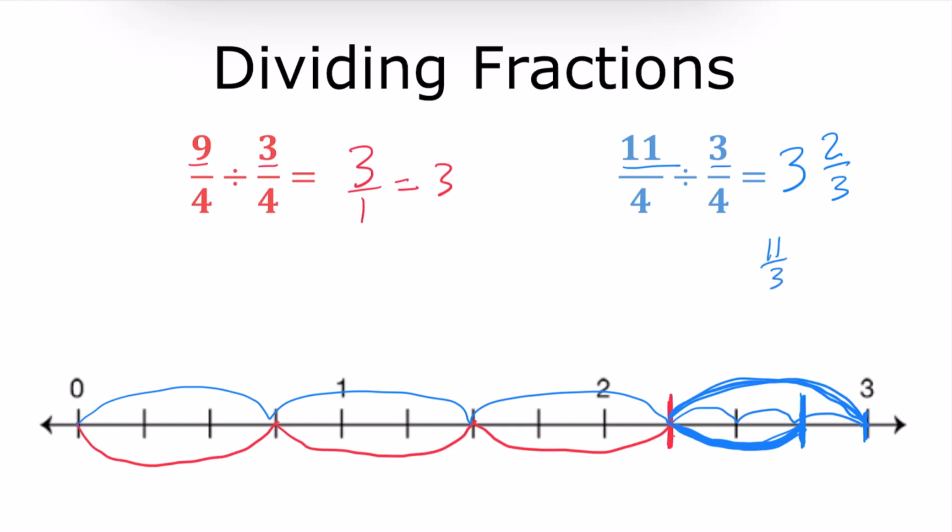And 4 divided by 4 is just going to be 1. So you'd have 11/3 divided by 1, which just equals 11/3. And notice that 11/3, if you convert that into a mixed number, is going to equal 3 wholes and 2/3. So one way that you can divide fractions is to just divide straight across. Just like when we multiplied fractions, you can multiply straight across. When you divide fractions, you can do that as well.